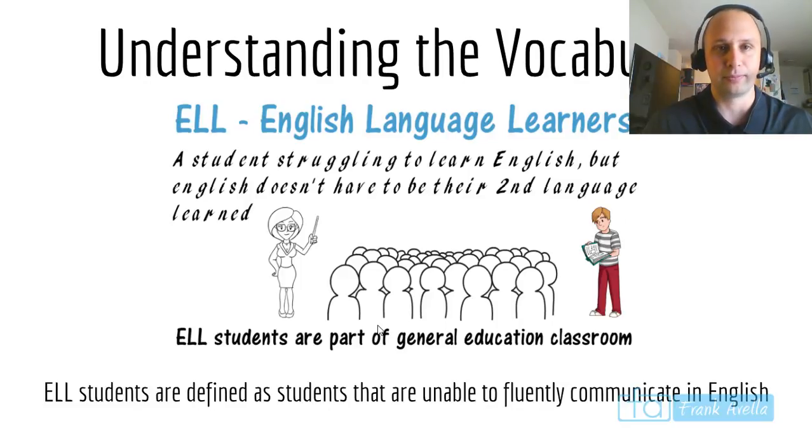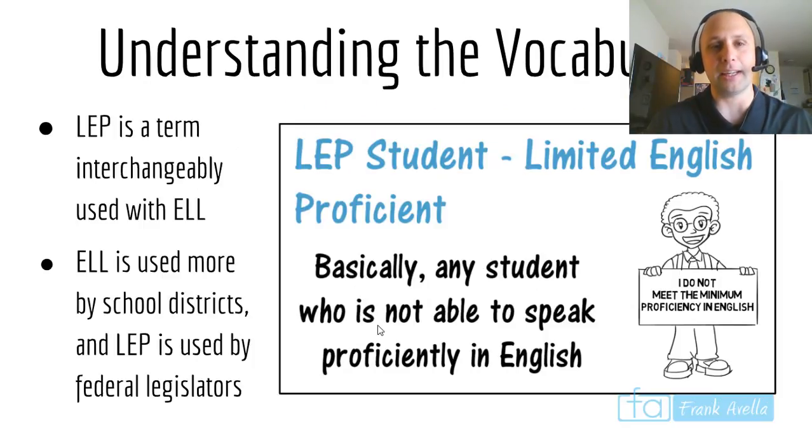Next one. All right, LEP is a term that's interchangeable, so you can use it in terms of ELL. You can switch it around. It says here an LEP student is basically any student who's not able to speak proficiently in English, and it's used more by federal legislators, right? Because it has to do with standardized tests.